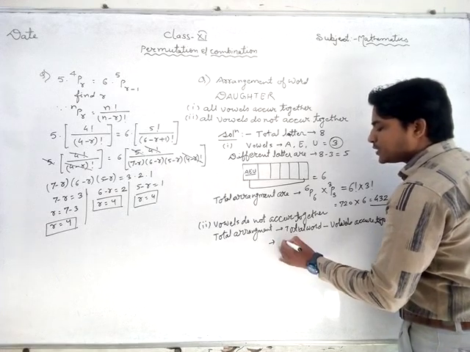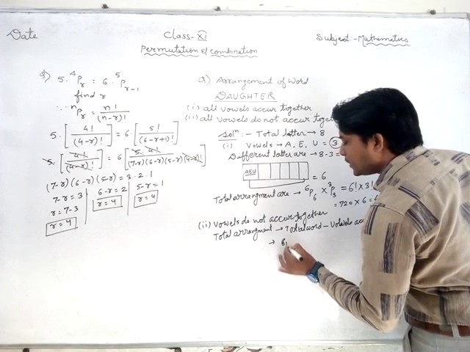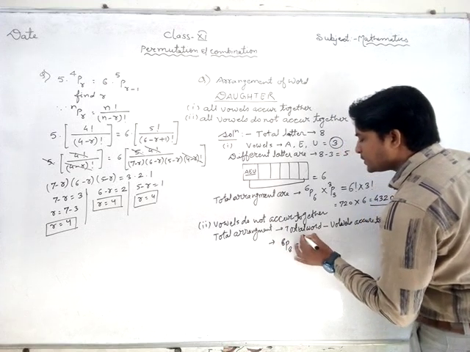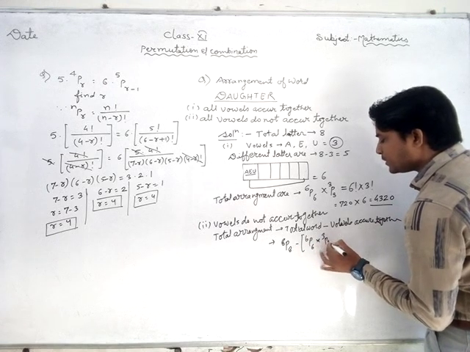The total word permutation is 8 factorial, so 8P8 minus 6P6 multiplied by 3P3.